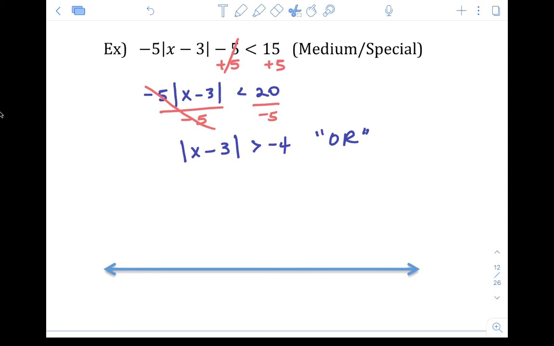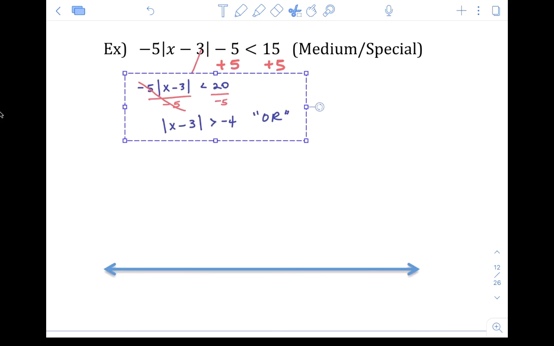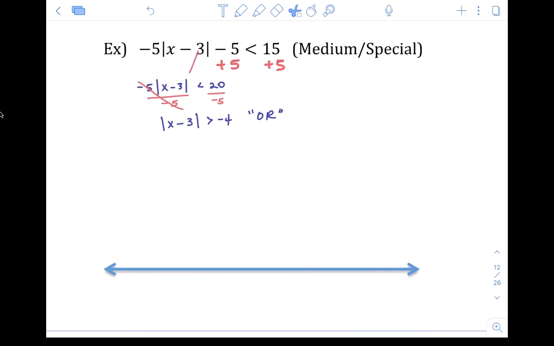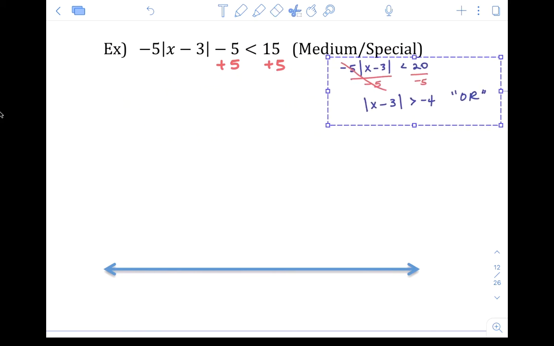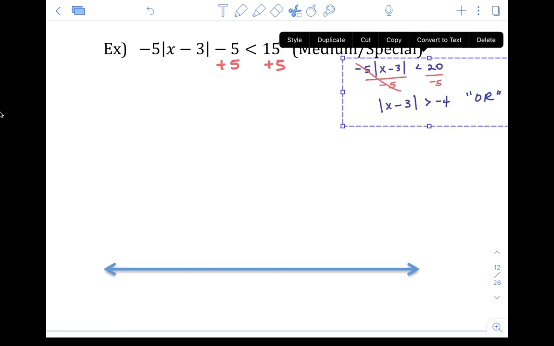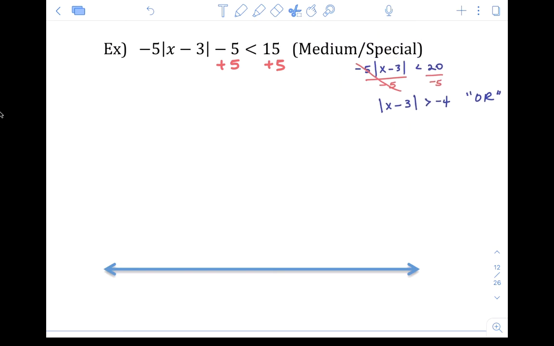Okay, I'm going to take this out of the way again now that we have our problem, and let's finish it. Rewriting our problem, dropping the bars, writing it twice.